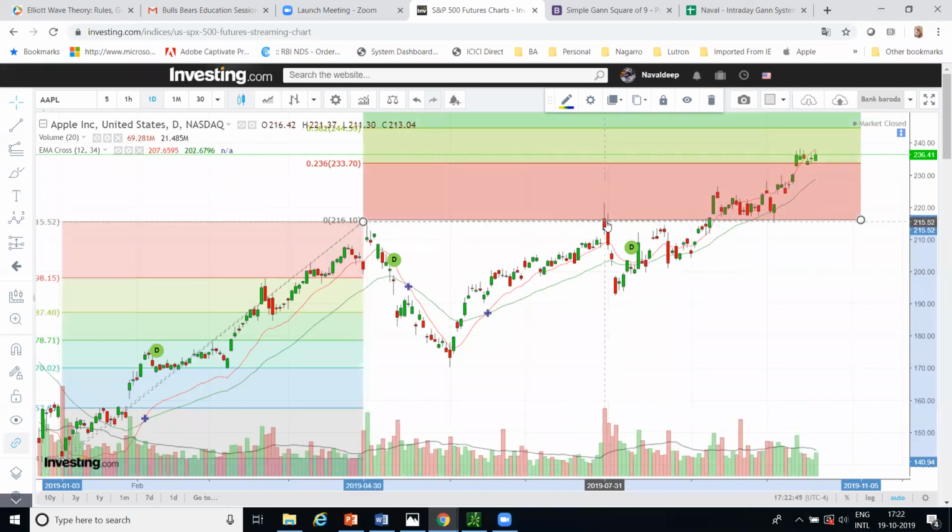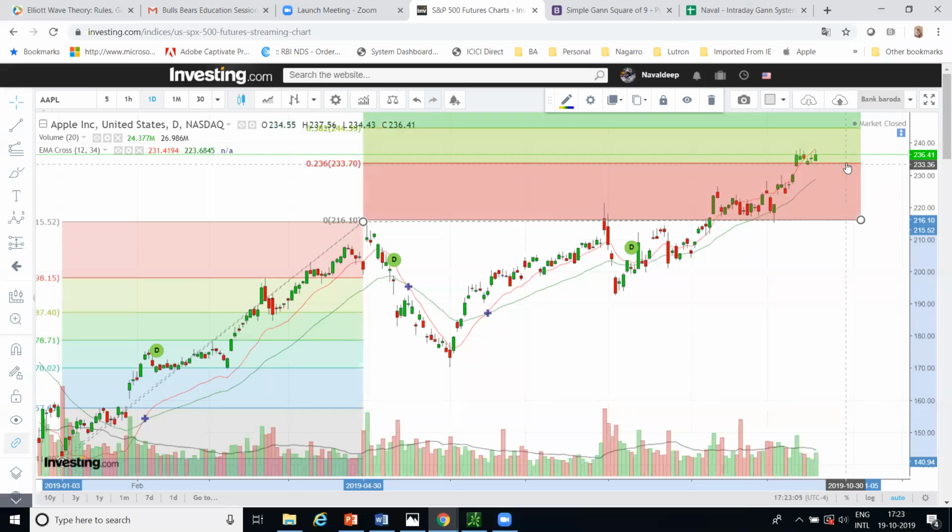So it faced the resistance here, came back, faced the resistance, it broke. And then that became the base. Then it consolidated and the next target was 236, 233.70. It's 23.6, it's 233.70. So it made the base there.